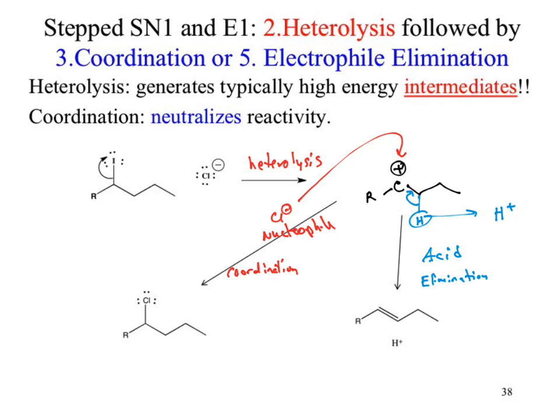So we could bring in a base. Do I care about the strength of the base? No. In a one type mechanism, I'm only concerned about one species. What's the one species for my one type mechanism? The substrate. So I don't need a strong base. Because I don't need a strong base, I could use a weak base.